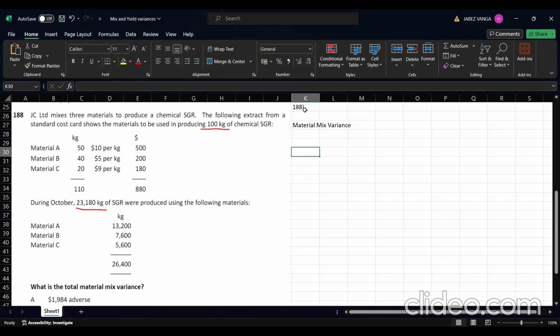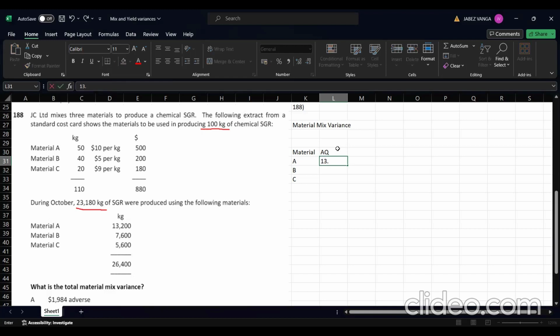The details that are given: when we talk about material A, then we have B, then we have C. The actual quantities are given, how much quantity was consumed. So let's start with the actual quantity. Of course, in any order we can write, we can talk about the standard details first and then actual details, but it is advisable that we first start writing about the actual quantities because the standards have to be adjusted according to the actuals.